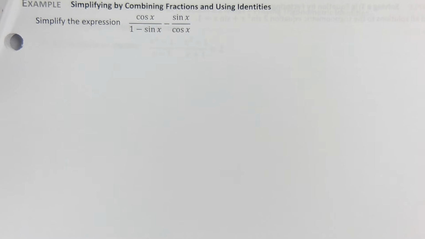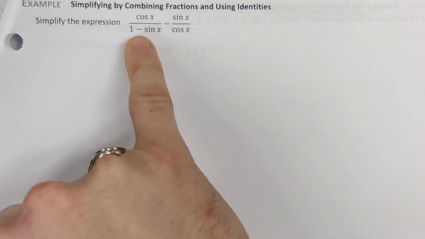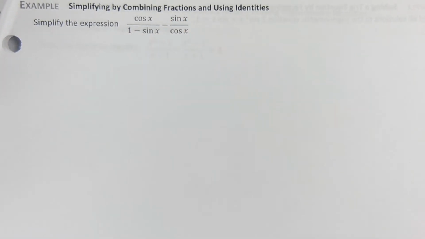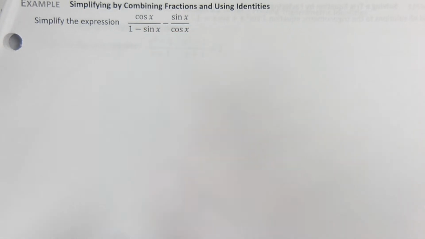In order to find a common denominator, we're going to have to multiply some things, right? You can't add or subtract to the top and bottom of fractions, so the only way that you can ever change the bottom of a fraction is through multiplication of the top and bottom. 1 minus sine x and cosine x have absolutely nothing in common. And since they have nothing in common, the common denominator is going to require you to just simply multiply 1 minus sine x and cosine x.